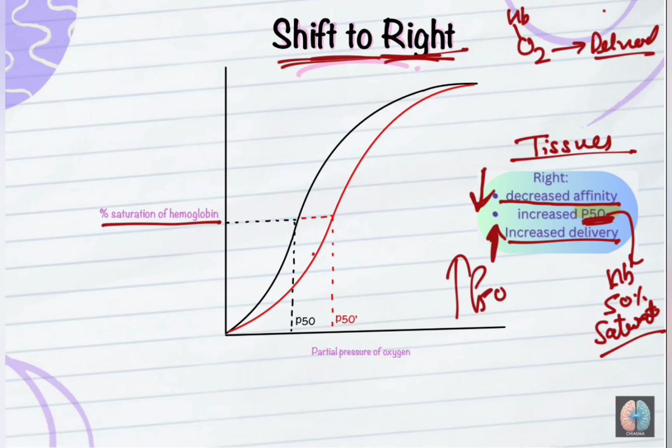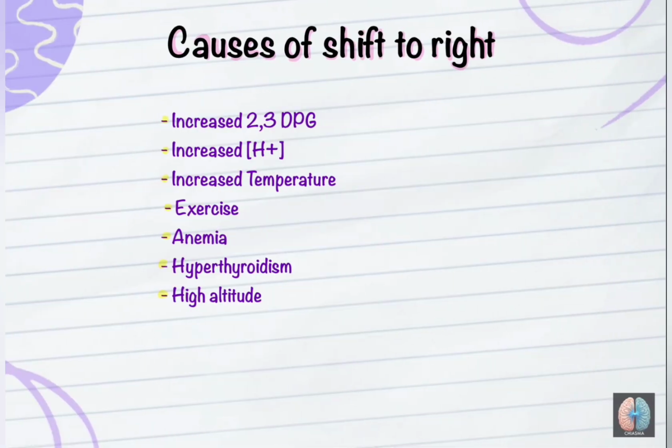Okay. Now there are some conditions which cause the shift to the right. We just need to remember, when do we want more oxygen to be delivered to tissues? Think of yourself when you do exercise. You want more tissues to have oxygen, right? You want to deliver as fast and as efficiently as possible to the tissues so the skeletal muscle can function.